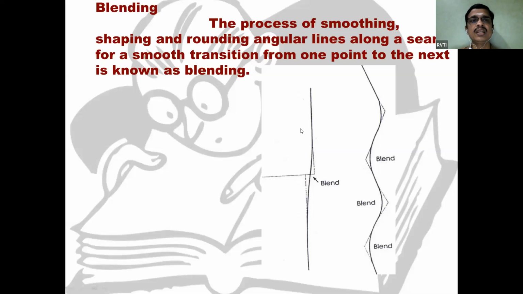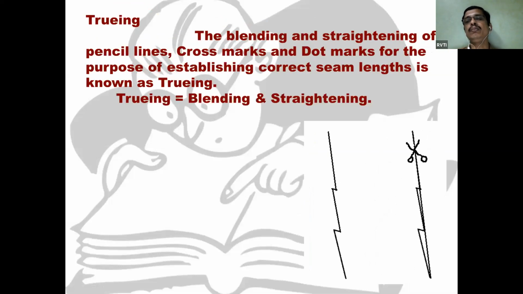Okay. And truing is another important technique. The blending and straightening of pencil lines, cross marks and dot marks for the purpose of establishing correct seam lines is known as truing. For example, here I have to make a straight line. If a curve is there, I can apply blending.